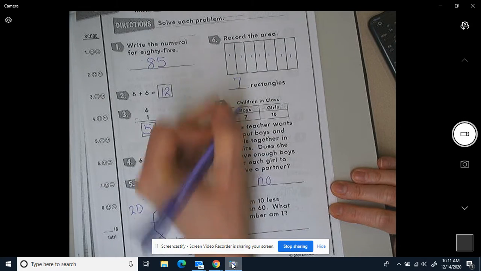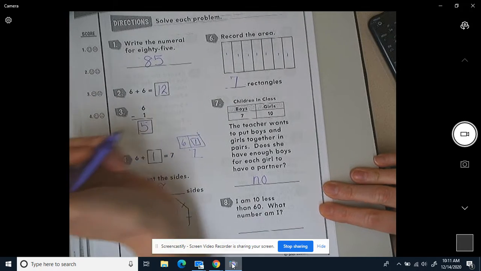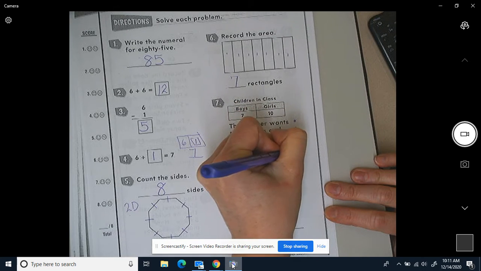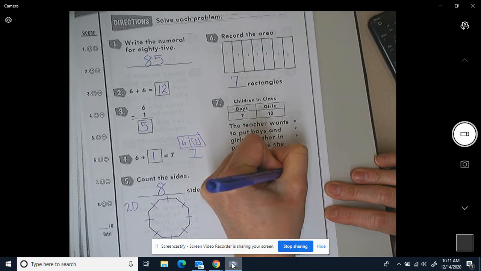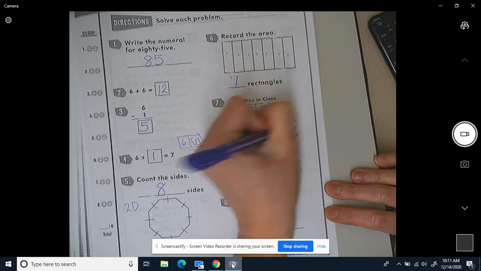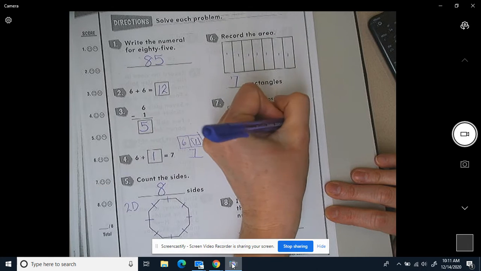There aren't enough boys. I'm going to do a quick little drawing. You don't need to do this, but I'm going to draw dots for 7 boys. 1, 2, 3, 4, 5, 6, 7. And over here, I'm going to draw dots for 10 girls, but I'm going to line them up to the boys because they're supposed to have partners, right?